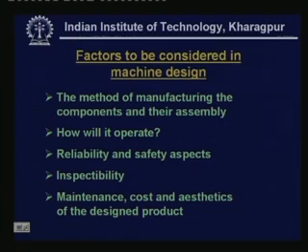The method of manufacturing the components and their assembly is also very important, because you can use various procedures we will be discussing, like casting, forging, machining. Which one to use is a question of economics, and how your design will withstand the strength, etc.